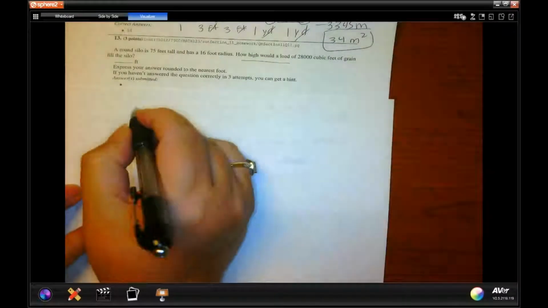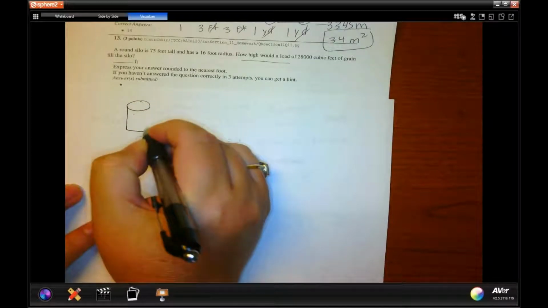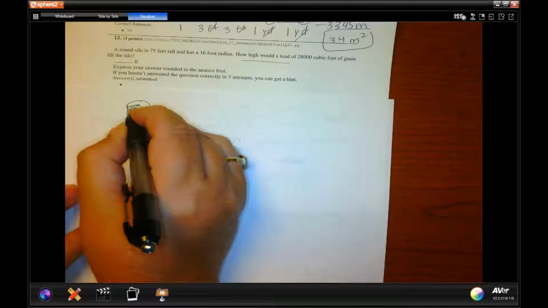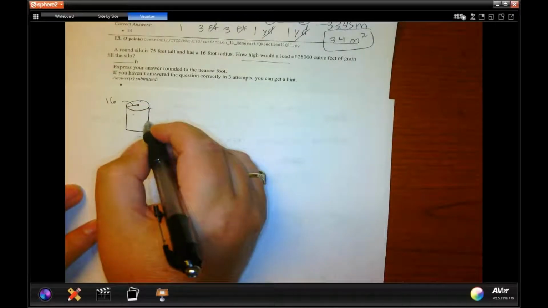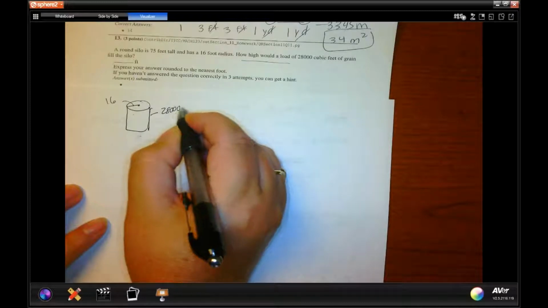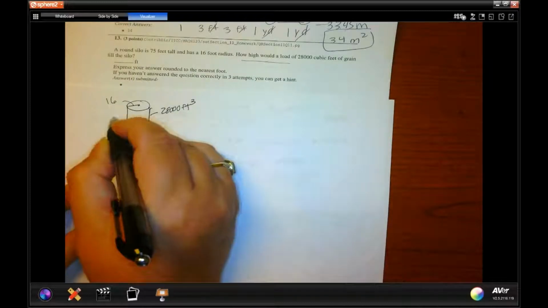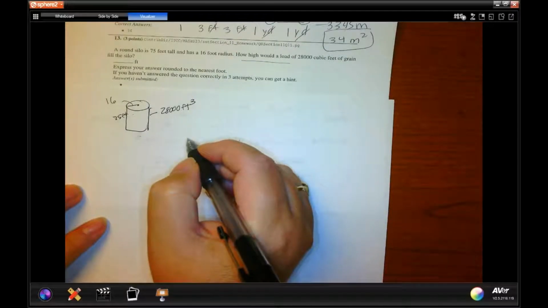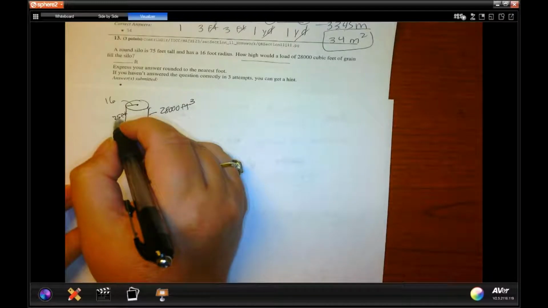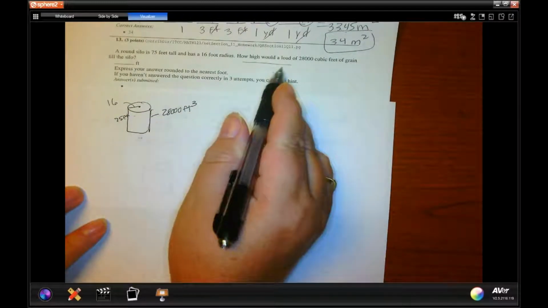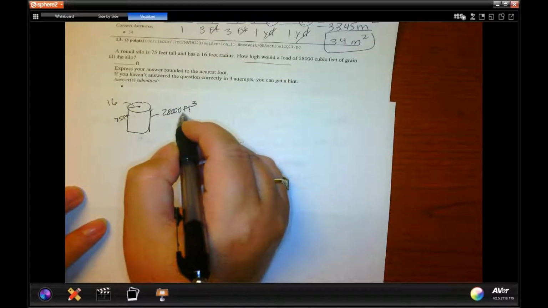Problem 13: a round silo is 75 feet tall with a 16-foot radius, and it holds 28,000 cubic feet. How high would a load of 28,000 cubic feet be?